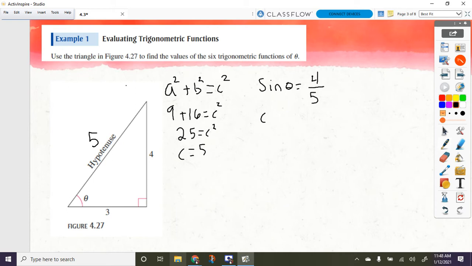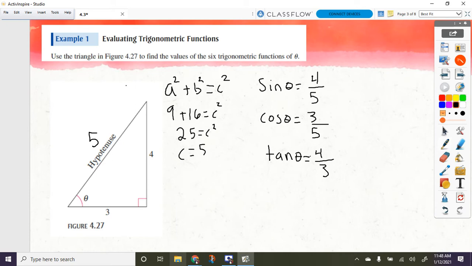Okay, and then we have cosine is going to be 3 over 5, because it's adjacent over hypotenuse. And then lastly, tangent, going to be 4 over 3.